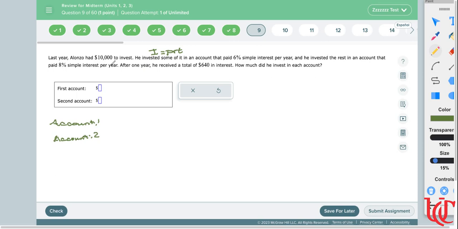But the sentence before that, after 1 year, he received a total of $640 in interest. So interest total equals interest of account 1 plus interest of account 2.